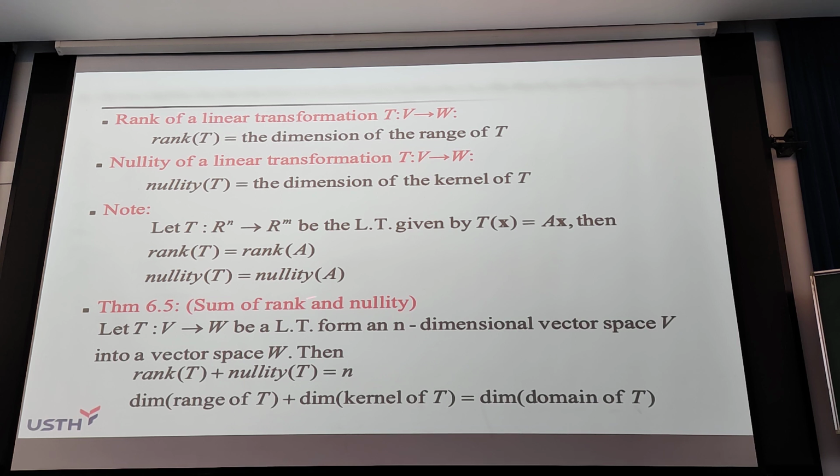And obviously, because the rank and the nullity of a matrix are related to each other, the rank and the nullity of a linear transformation T will be related to each other by the formula here. Or in other words, we can say the dimension of the range of T plus the dimension of the kernel of T will be equal to the dimension of the domain.